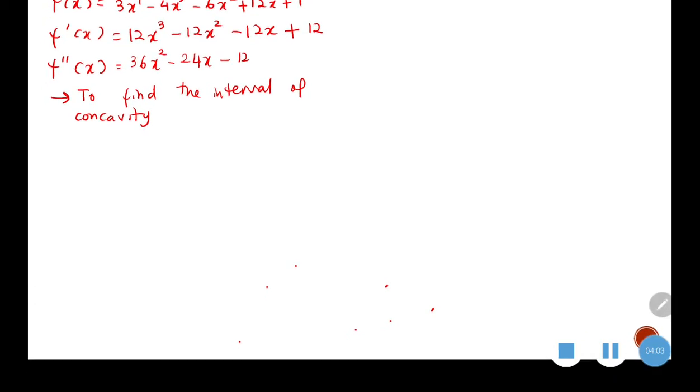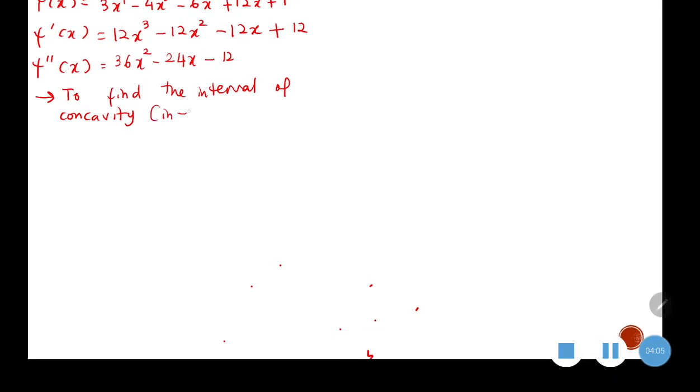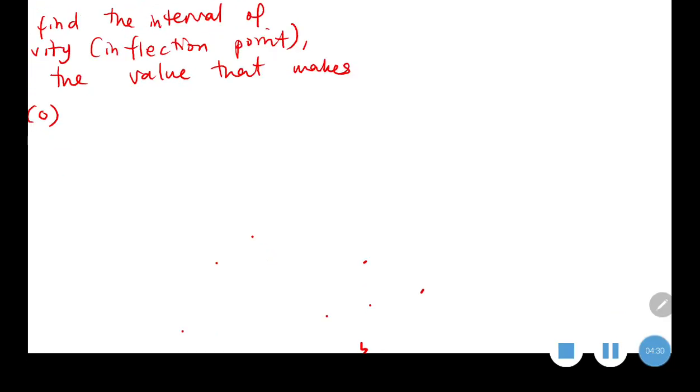To find the inflection point, we have to find the value that makes f double prime 0.